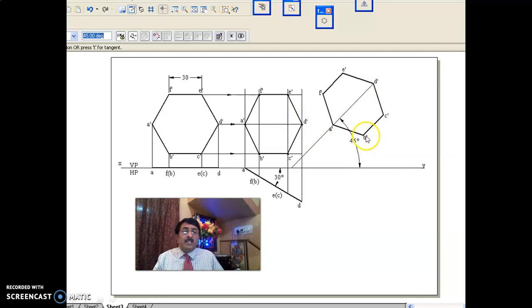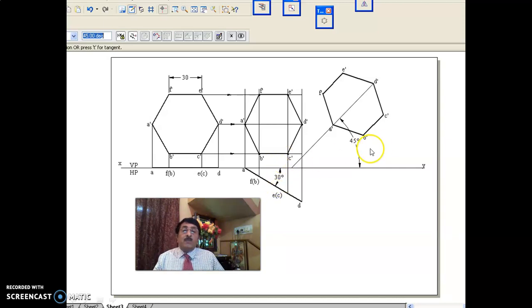You see that the nearest corner touches the XY line such that A dash D dash is inclined at 45 degrees to HP only. This is a very good problem from the examination point of view. It is considered a good problem, because only people who have a clear understanding of the subject can do such problems. Now see here, corner in VP, diagonal inclined at 30 degrees to VP.